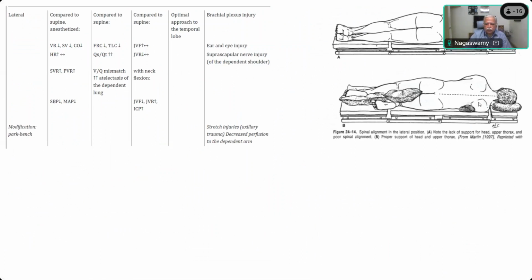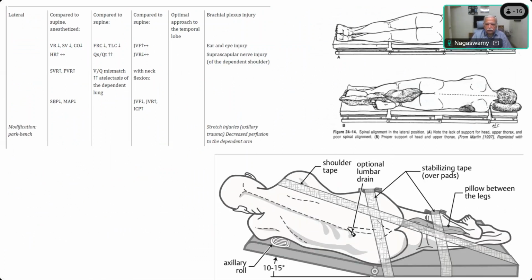So the correct way is to keep the spine alignment in a straight fashion like that. And this is the shoulder flap position with the head slightly up, and you have to give a support at the axilla when you put the patient in the lateral side, and always the bottom leg should be straight and the upper leg should be slightly bent, and the pillow should be kept between the two.